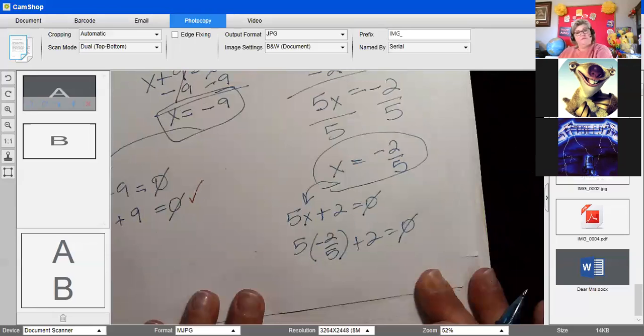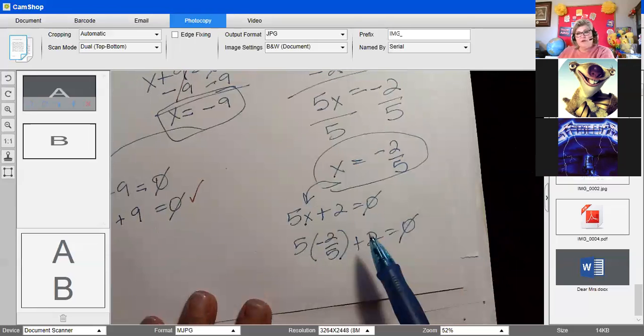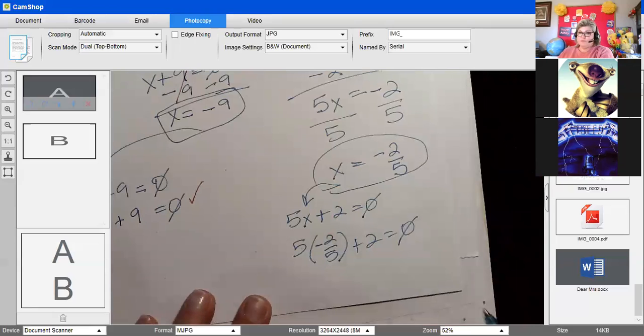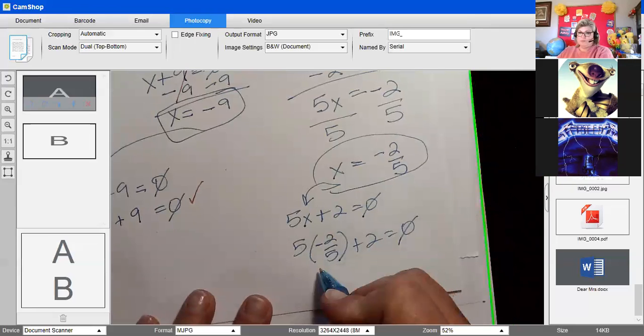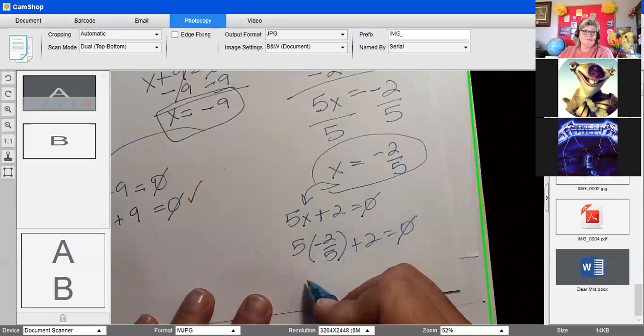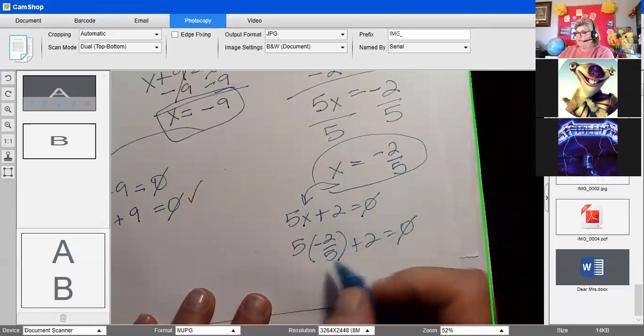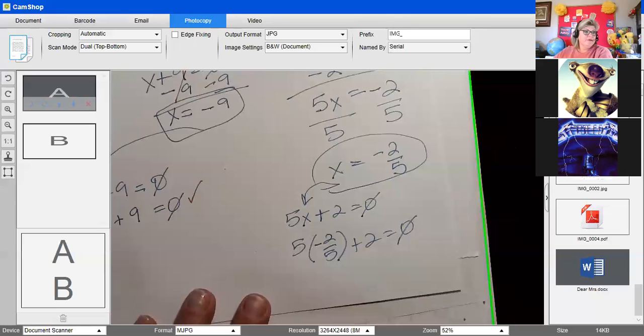So what is 5 times a negative 2 over 5? What's 5 times a negative 2? Negative 10.